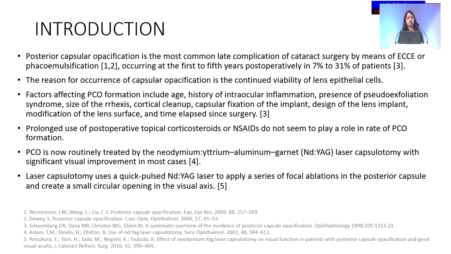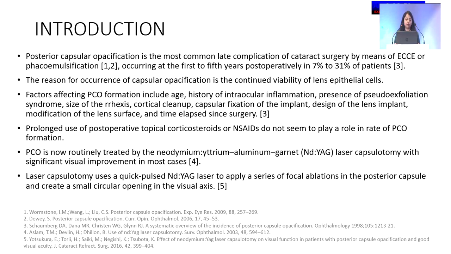The reported incidence is around 10% at the end of 1 year, 20% at the end of 2 years, and 30% at the end of 3 years. The reason for capsular opacification is the continued viability of lens epithelial cells. Factors that affect PCO formation include age, history of intraocular inflammation, presence of pseudoexfoliation syndrome, size of the rhexis, cortical cleanup, capsular fixation of the implant, design of the lens implant, modification of the lens surface, and time elapsed since surgery.